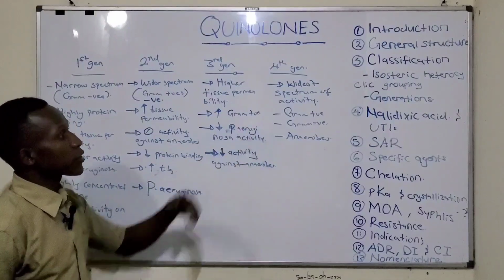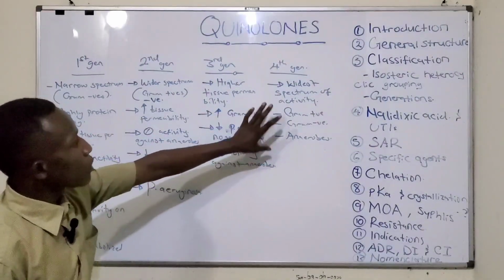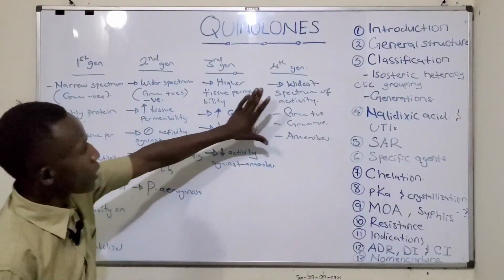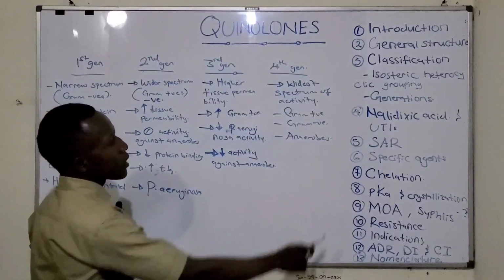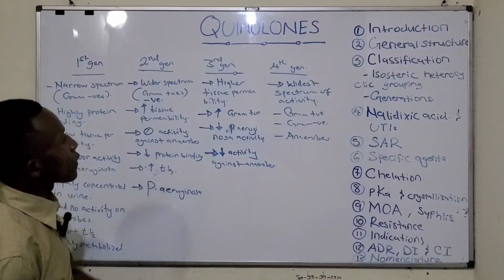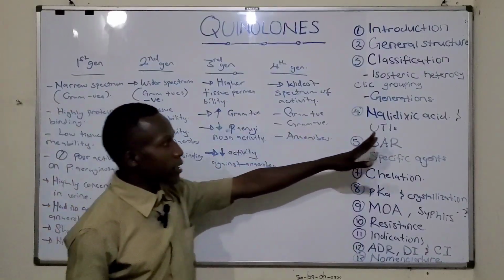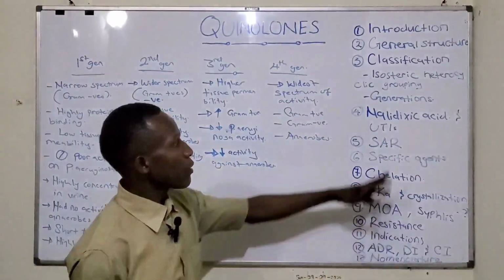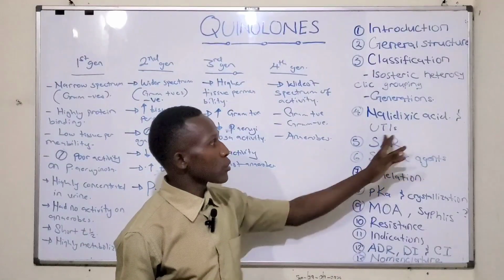We are going to see why they are active against anaerobes at SAR and the specific agents. Now, let's talk about nalidixic acid and why it was limited to UTI.